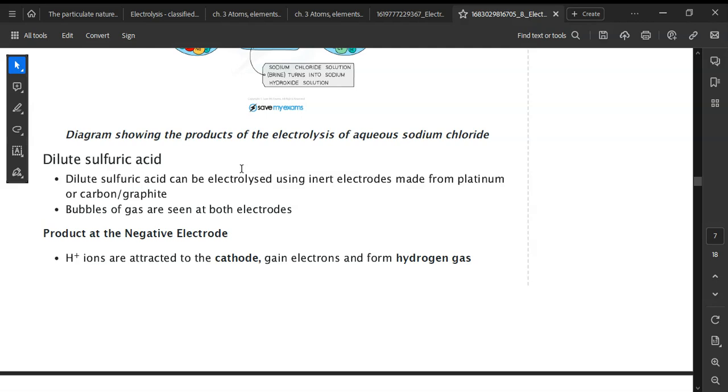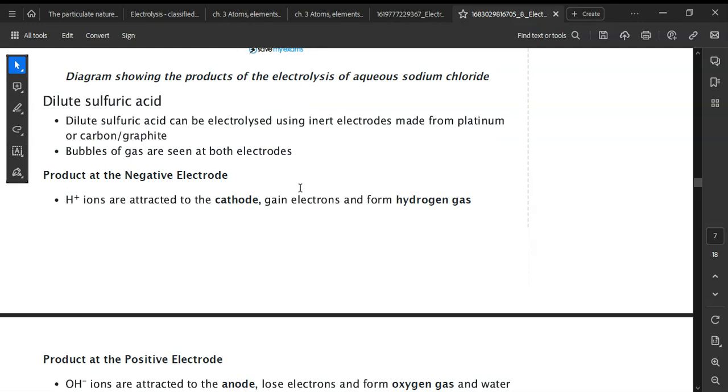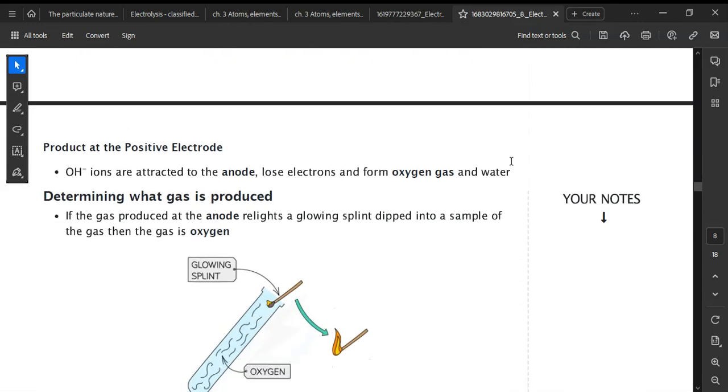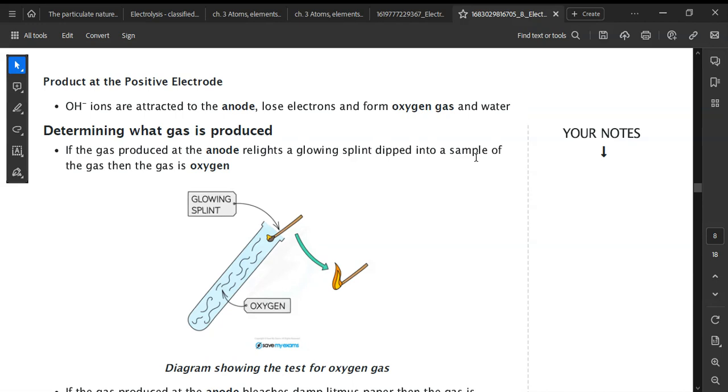Bubbles of gas are seen at both electrodes. The product at the negative electrode: the hydrogen ions are attracted to the cathode, then they gain electrons and form hydrogen gas. And the product at the positive electrode: hydroxide ions are attracted to the anode and they form oxygen gas and water.